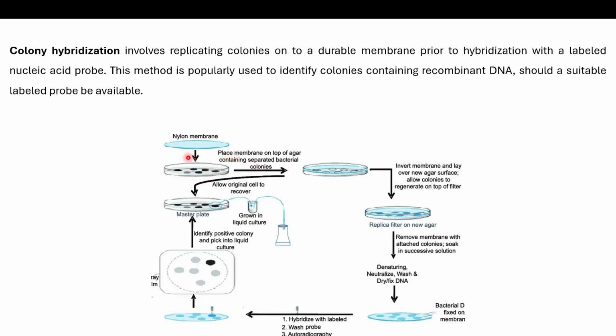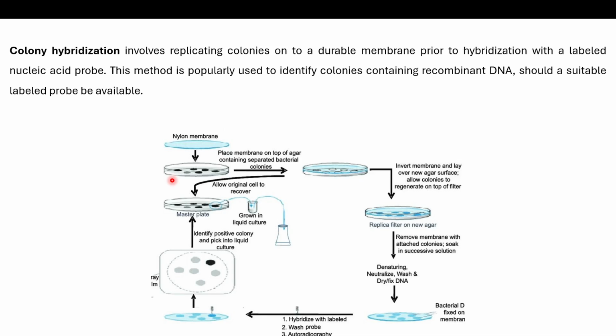Now this is the membrane, and we have to be very careful during these steps. We have to place it very carefully onto the bacterial colonies, which should be well separated from each other, like how we were talking about last week, that there shouldn't be a smear when we are plating the cells.